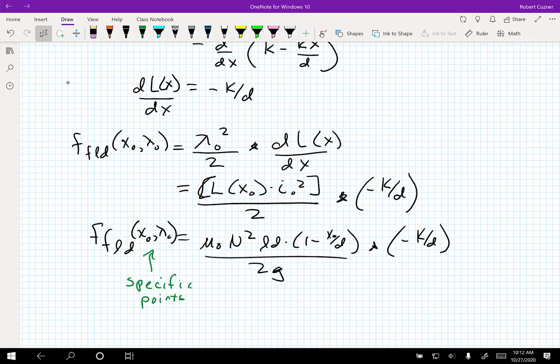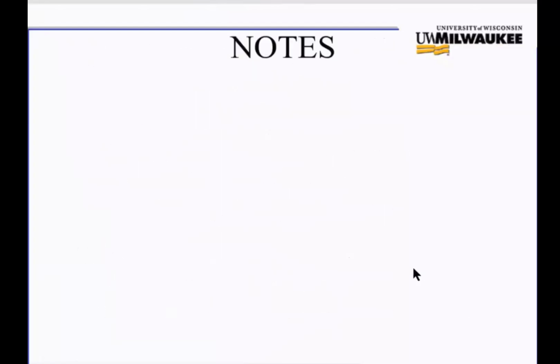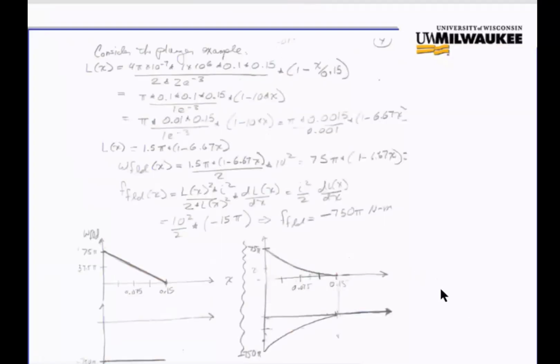Now you guys will have a few problems on the next homework after this. Here's an example that I can show you. This is the plunger example numerically worked out in the handout that I gave you, plugging in all the values that were given.